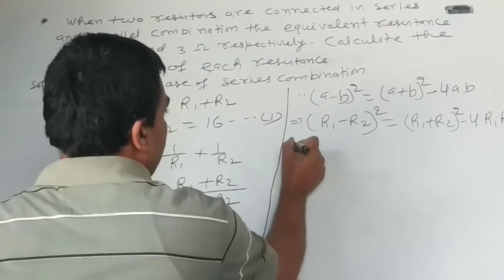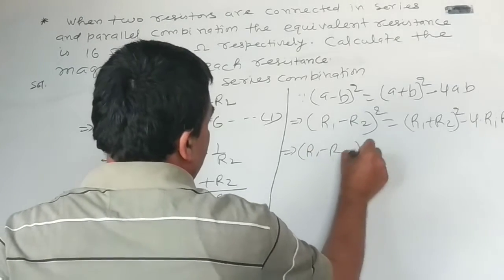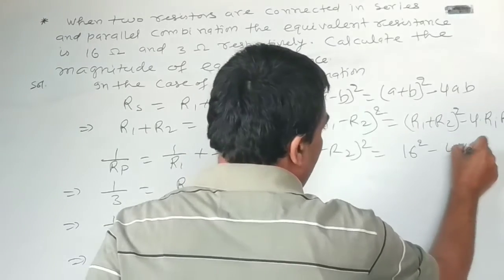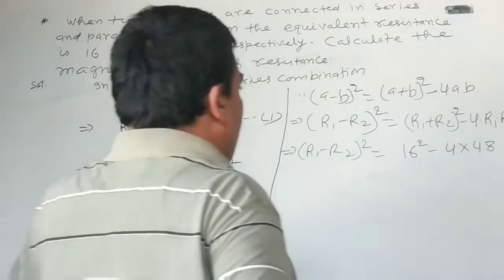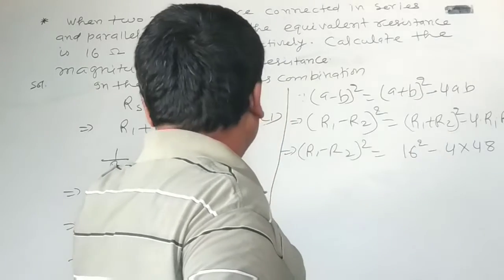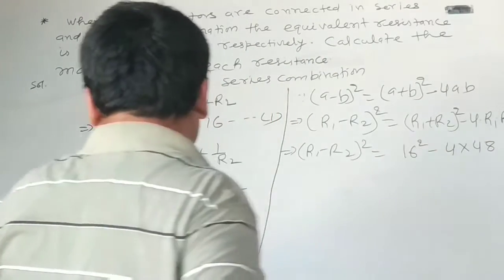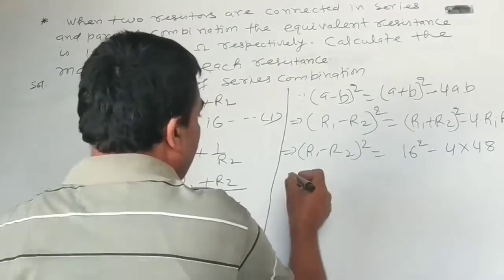R2. Okay. That implies R1 minus R2 whole square is equal to 16 square minus 4 into 48, because R1 plus R2 is 16 and R1 into R2 is 48. Okay.